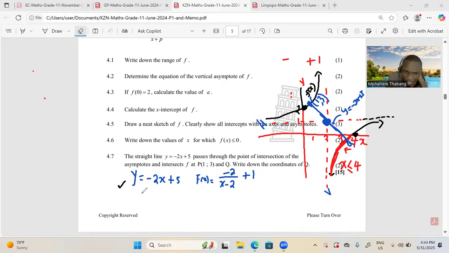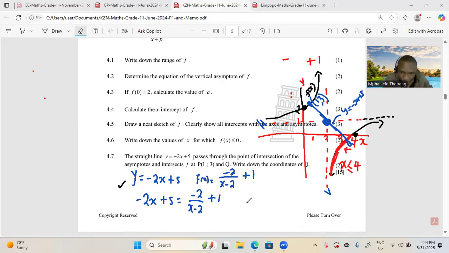So minus 2x plus 5 equals minus 2 over x minus 2 plus 1. You equate the two functions, then solve for x.